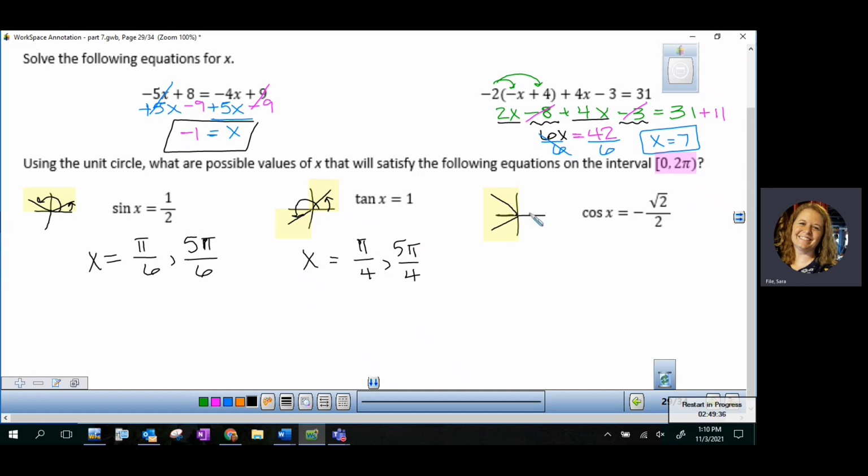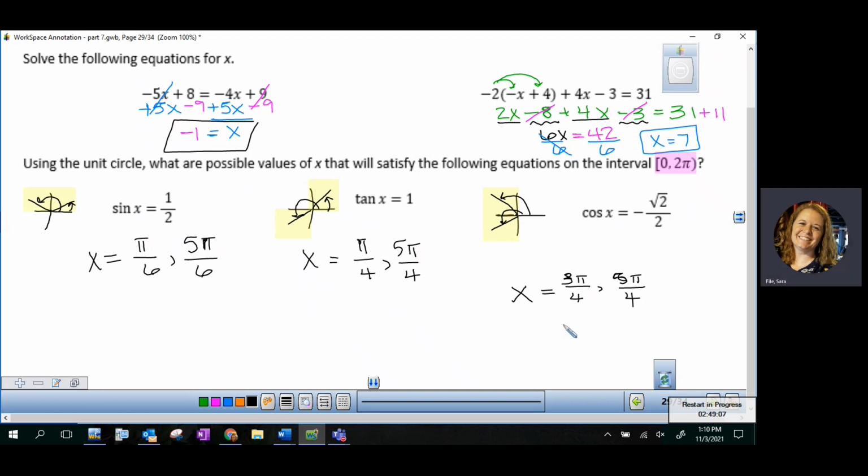But remember, we're going to give our answers in radians. So that's at 3 pi/4. And in quadrant 3, that's at 5 pi/4. 3 pi/4 and 5 pi/4. Does that make sense? Okay.